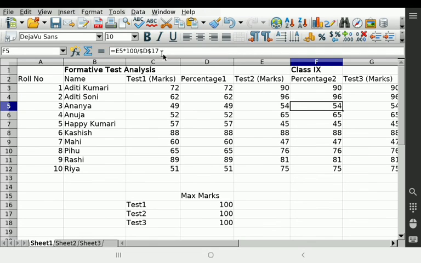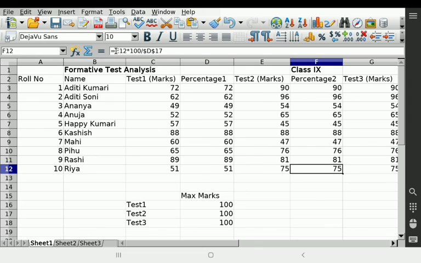Then for Ananya, E5, for Anuja, E6, Happy, E7, see in the formula bar, Kashish, E8, Mahi, E9, Pihu, E10, Rasi, E11 and Riya, E12.